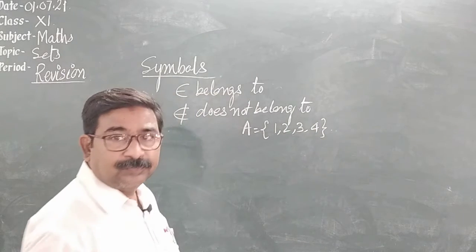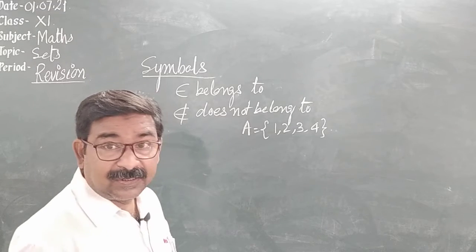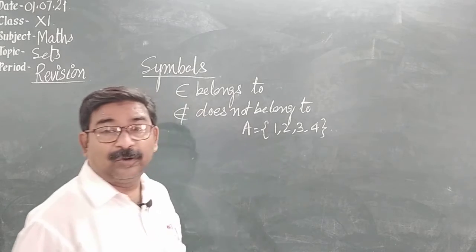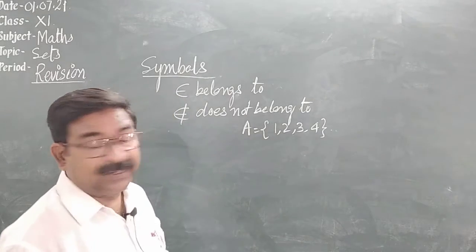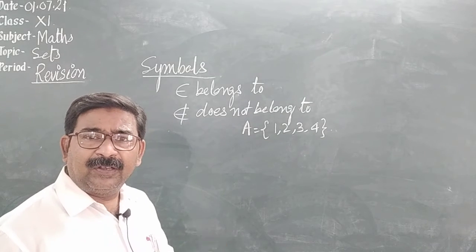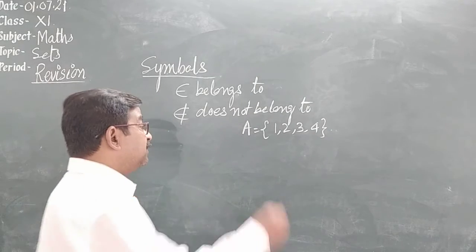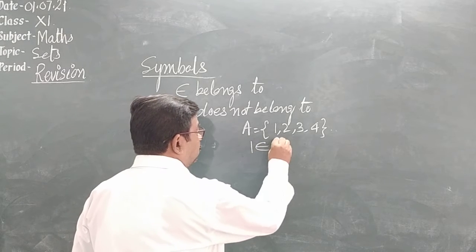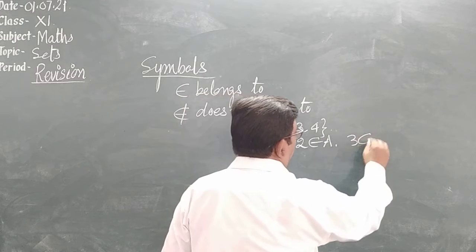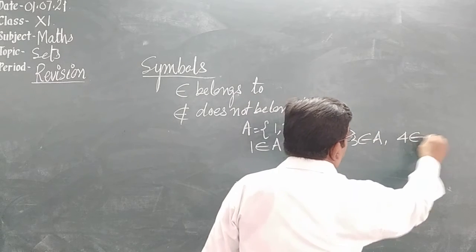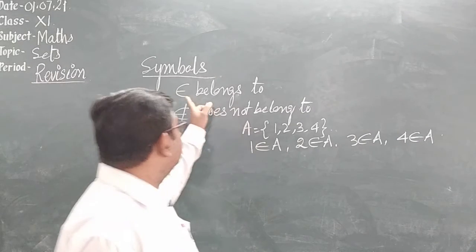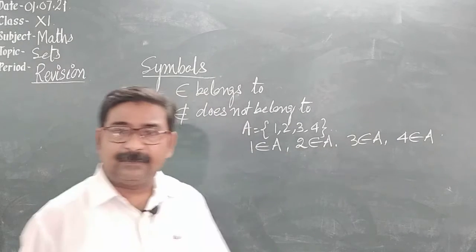Now the question is whether 1 belongs to set A. Yes, 1 belongs to set A. 2 belongs to A, 3 belongs to A, 4 belongs to A. All these elements are found in the set, so we write this symbol belongs to.